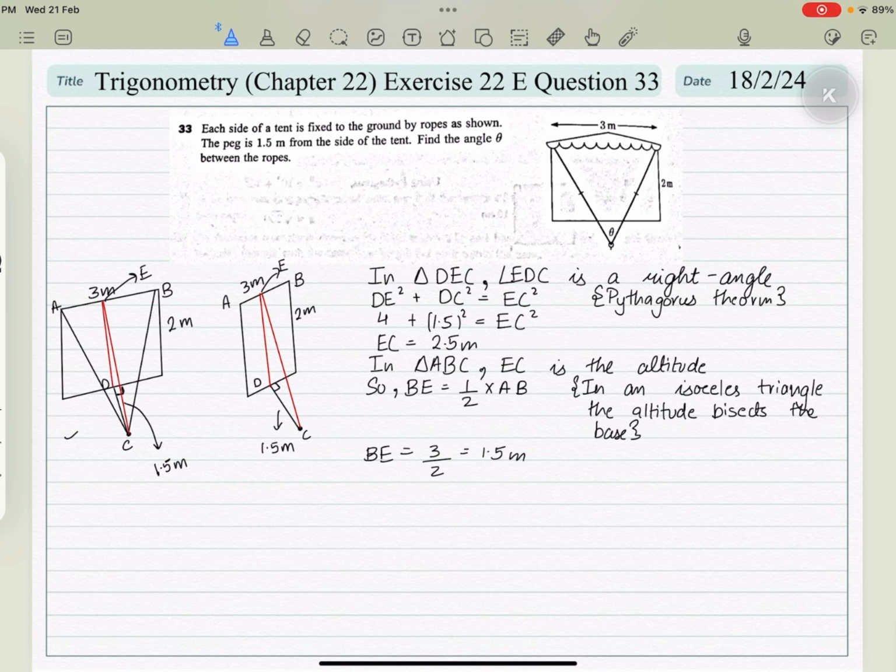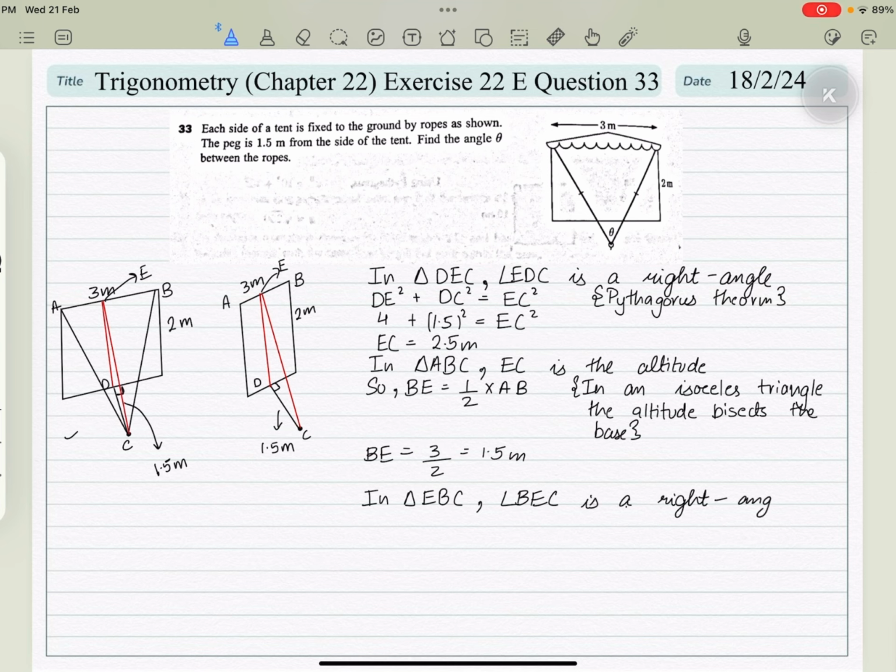Now we can state that in triangle EBC, angle BEC is a right angle. We can literally see that over here. Just pull out that triangle over here.